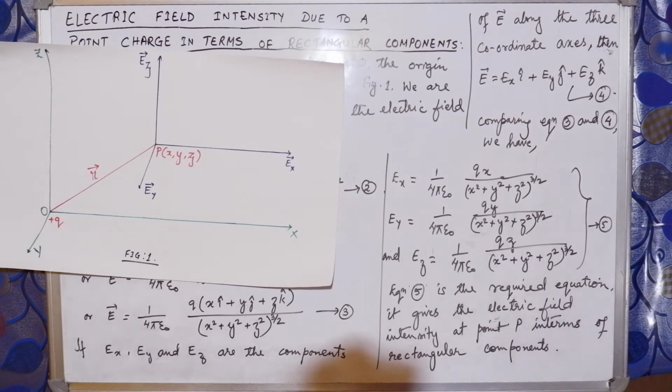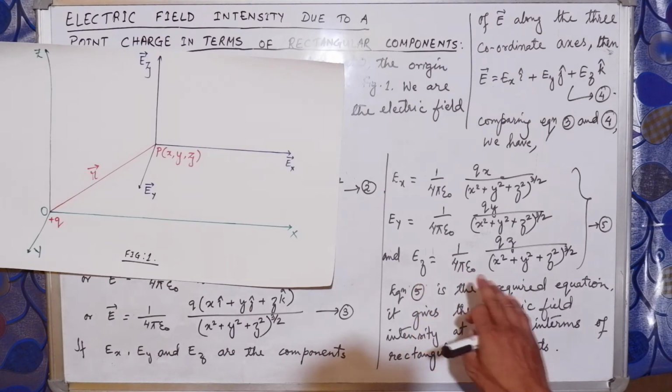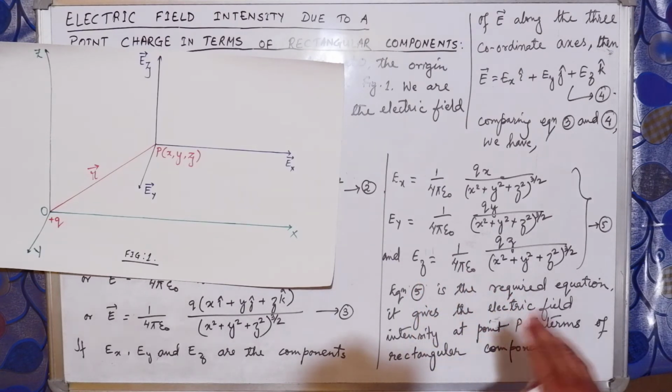Ex is the component of the electric field at point P along the X, Ey is the component along the Y, and Ez is the component along the Z.